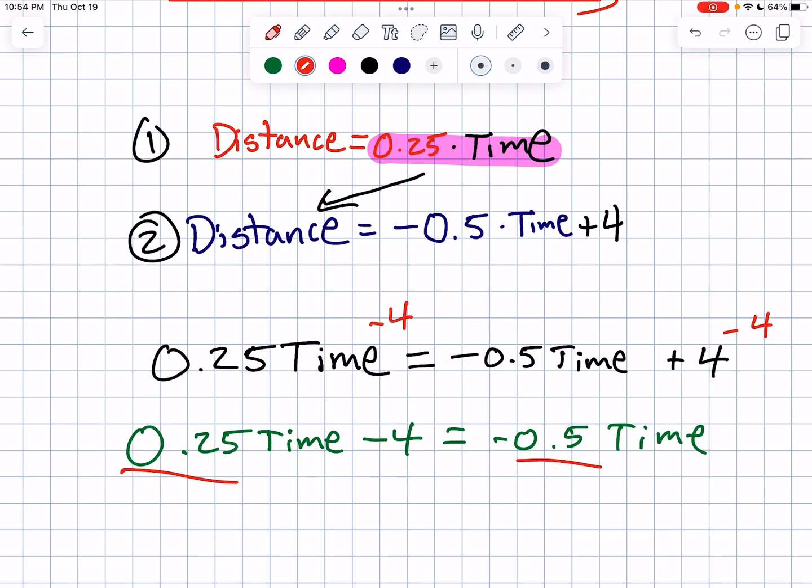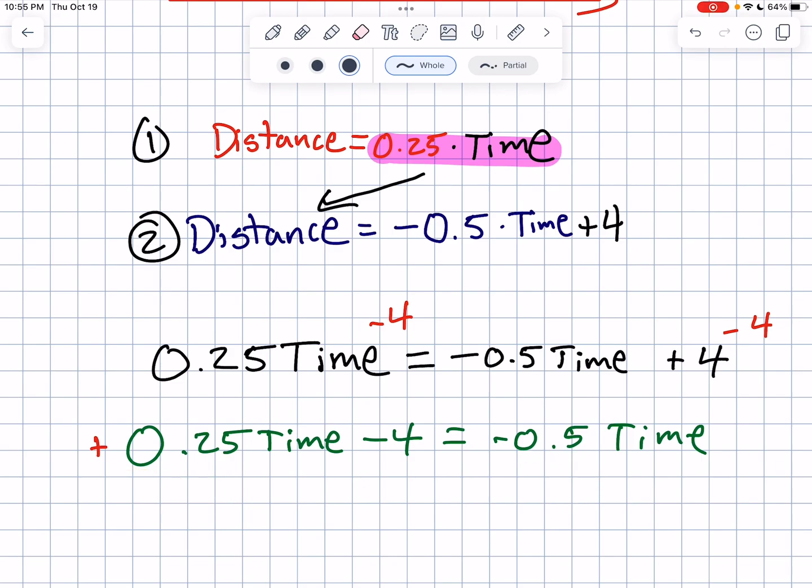However, this is kind of like saying 0.25x. Because this is a positive 0.25, I can subtract. I'm going to just erase some of this so it makes sense.